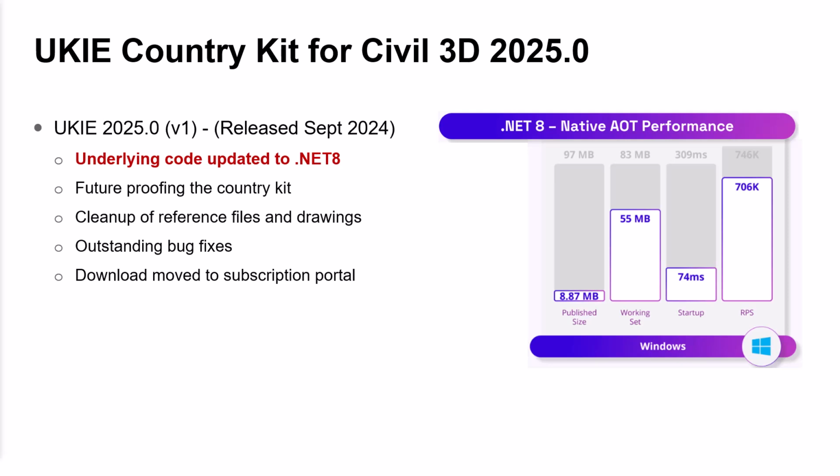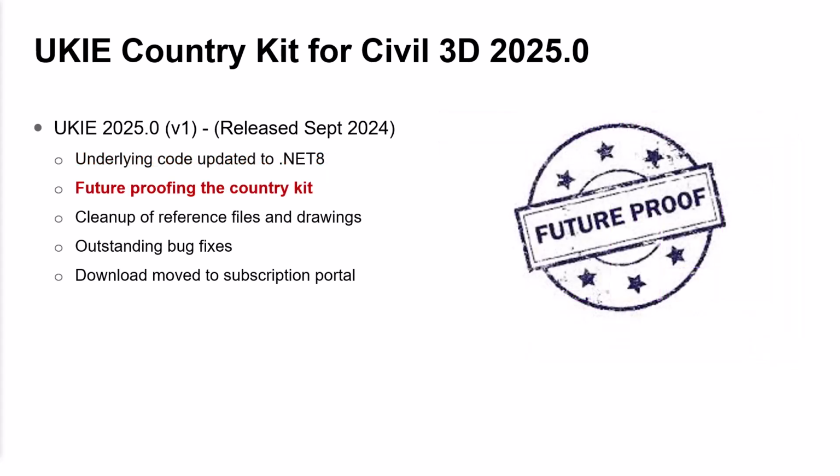All the underlying code in UKIE has been upgraded to .NET 8. This means it works faster, has a lower size profile, and can simply coexist with Microsoft Windows a lot better. We see this as future-proofing, and it ensures UKIE has many country miles ahead of it.